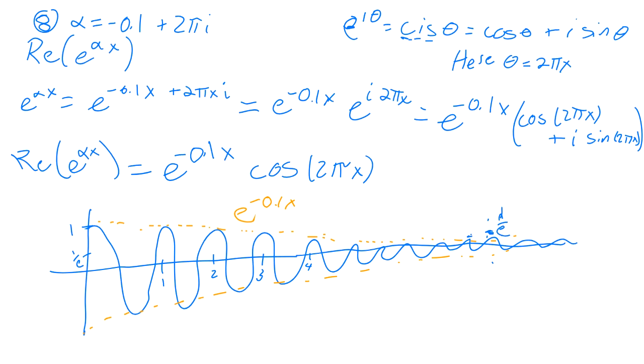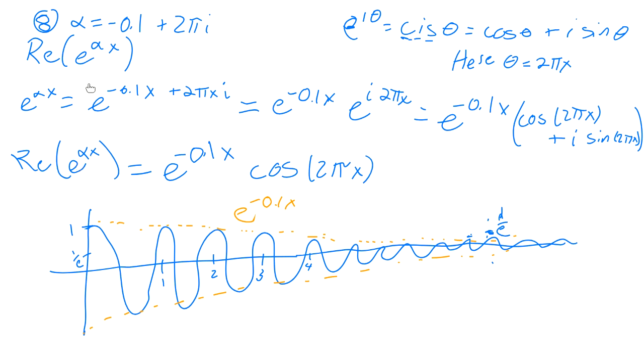But anyways, the point here is that with an exponential, e to the alpha x, the real part will give us a real exponential, which will be a decaying curve like this one, or one that's growing exponentially if it's a positive constant.